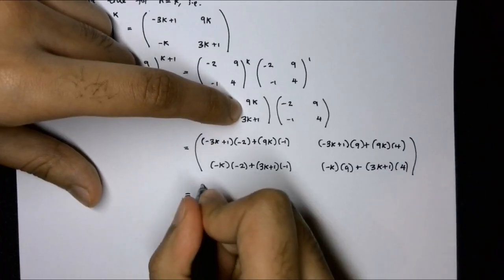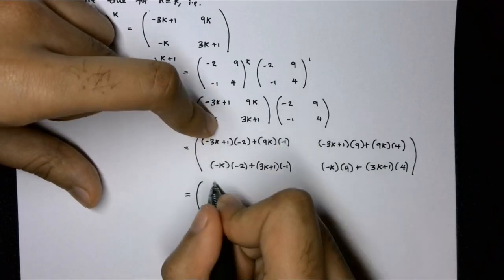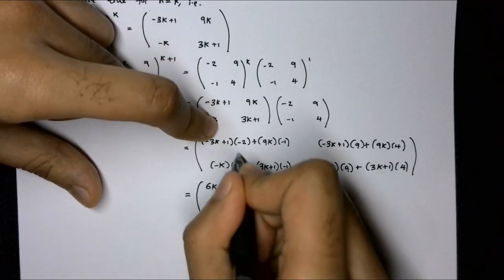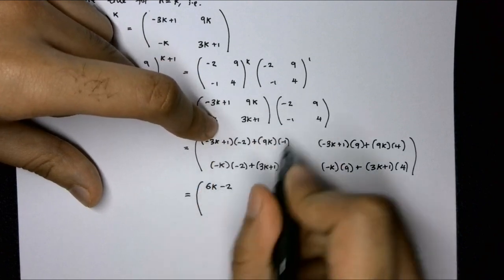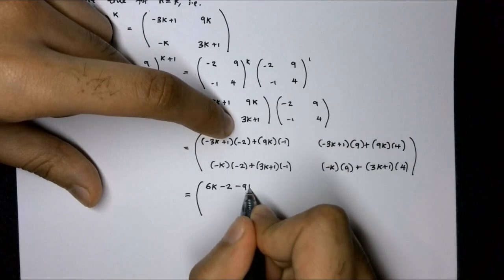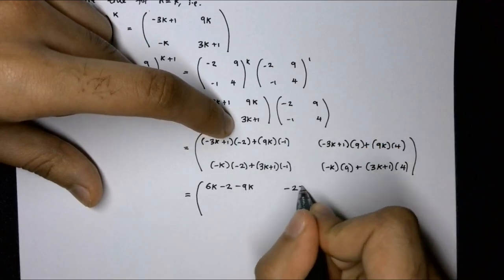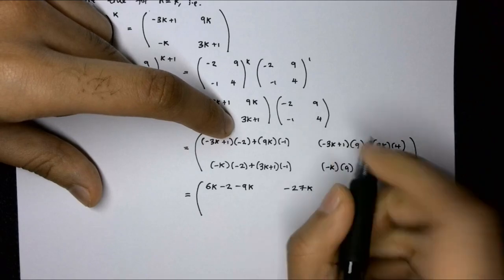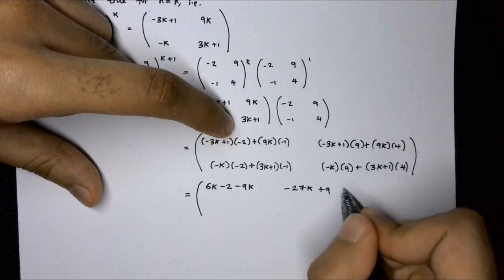So if we tidy up the top, we've got minus 3k times minus 2, that's positive 6k. And then we've got the 1 times minus 2, that's minus 2. And then here we've got minus 9k. Here we've got 9 times by minus 3k, that's minus 27k. And then we've got 9 times by 1, that's 9. And then we've got 36k as well.